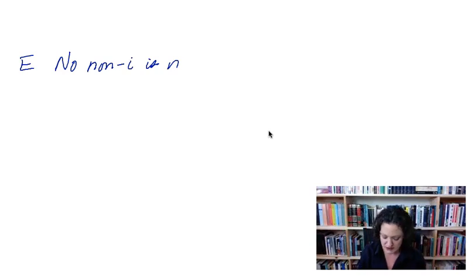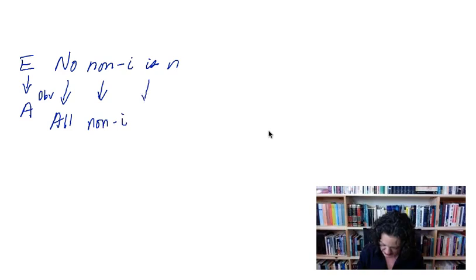No, it doesn't. Can I switch these and make it fit on the square? No. So I'm going to obvert this again. E obverts to A, okay? And when we do that, we have all, we have non-I staying non-I, we have is staying is, and we're going to negate the P term, so now we have non-N. Now look at this.